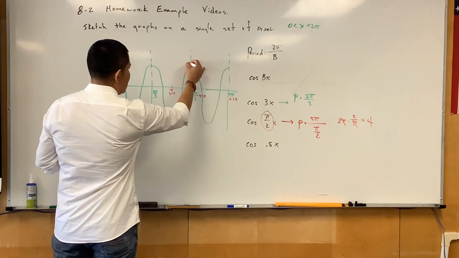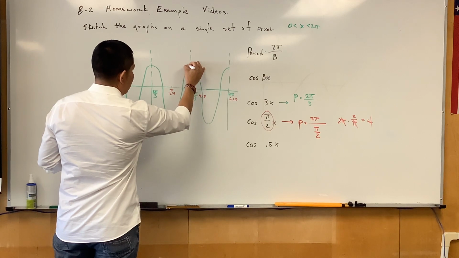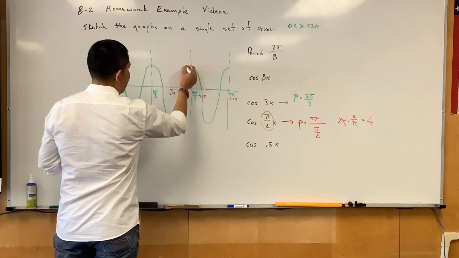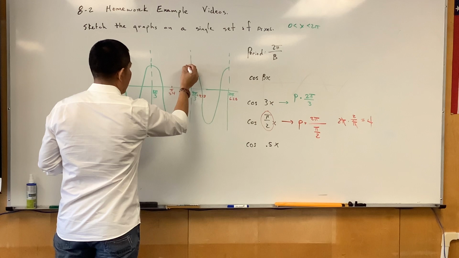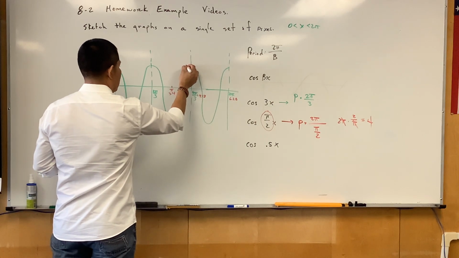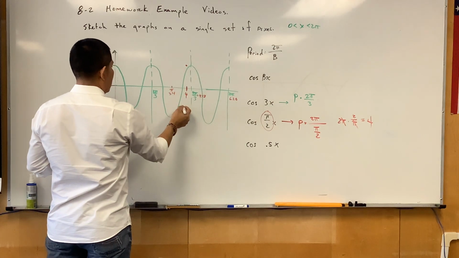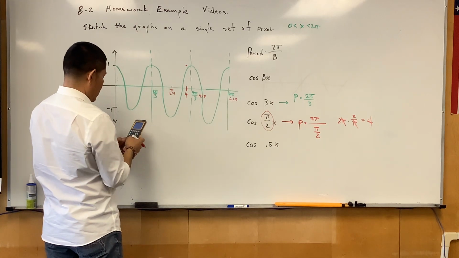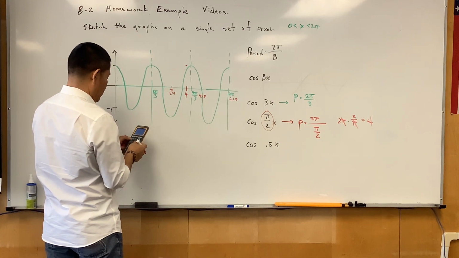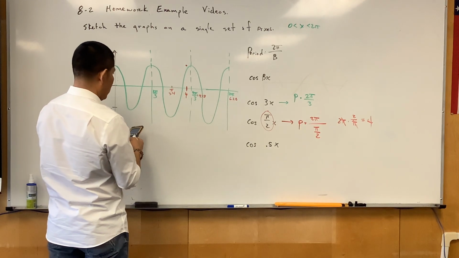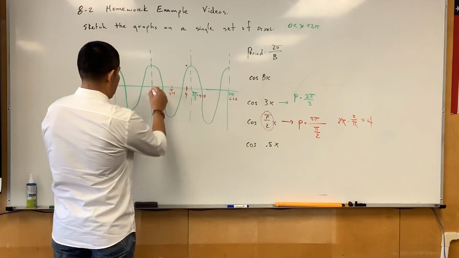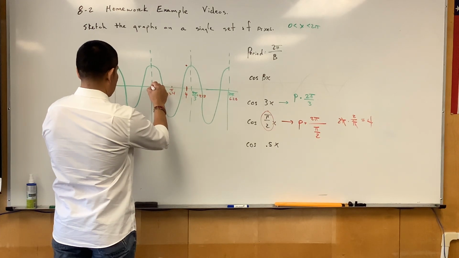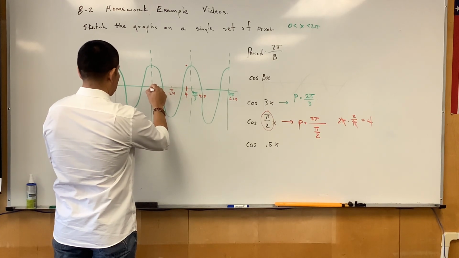So our function will end right here at 4. Then we have to find 2. 2 pi divided by 3 is at 2.09, so right here is where 2 is at.